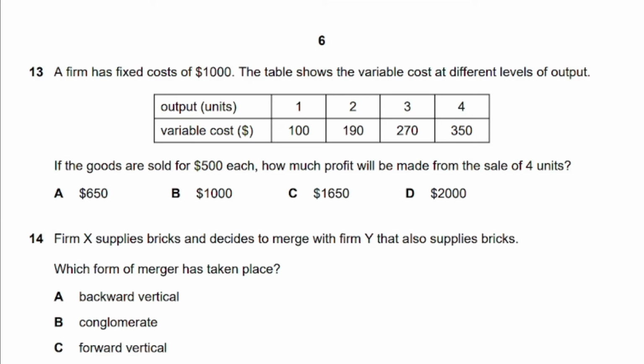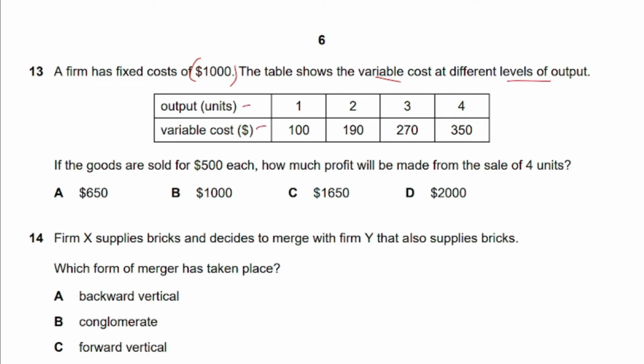Now moving to question number 13. A firm has a fixed cost of 1000. The table shows variable cost at different levels of output. We can find out total cost as well. Total cost is equal to fixed cost plus variable cost. Fixed cost is 1000 and variable costs are given here, 100, 190.